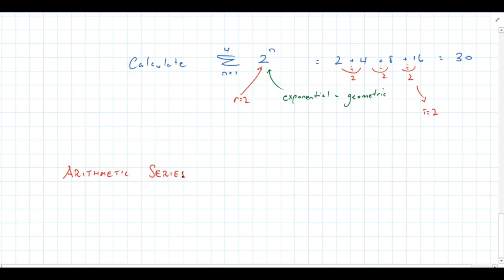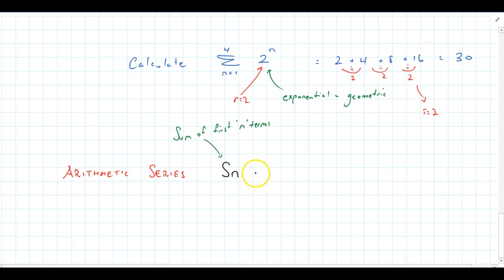Arithmetic series. We give it Sn, representing the sum of n terms. So I'll just make a note of that. Sn, sum of first n terms.